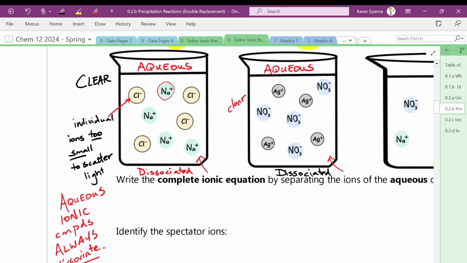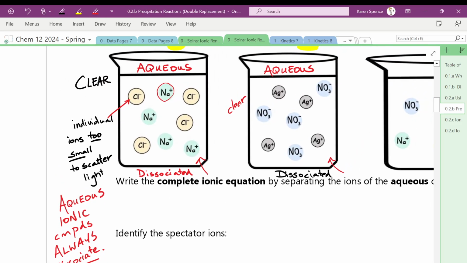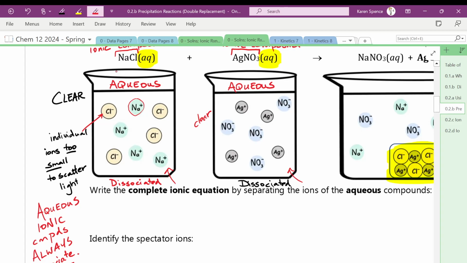This is page 18 if you just came in, unit 0. So if we look at the NaCl, it's not going to stay together when we write our complete ionic equation. We're going to have to separate the ions. So instead of having Na and Cl written together, we're going to have Na and Cl written separately.